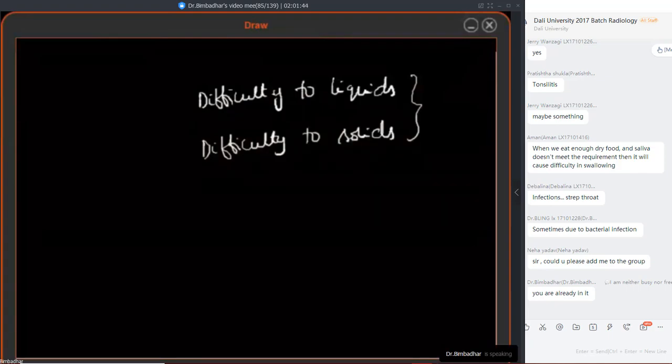Okay. Right. So now a patient complaining of dysphagia to liquids. Obviously now you tell me one thing. If the fluids are going down the esophagus with the effect of gravity, which are technically much easier to pass down, why do you think that the patient will be complaining of this? Okay, take a guess.